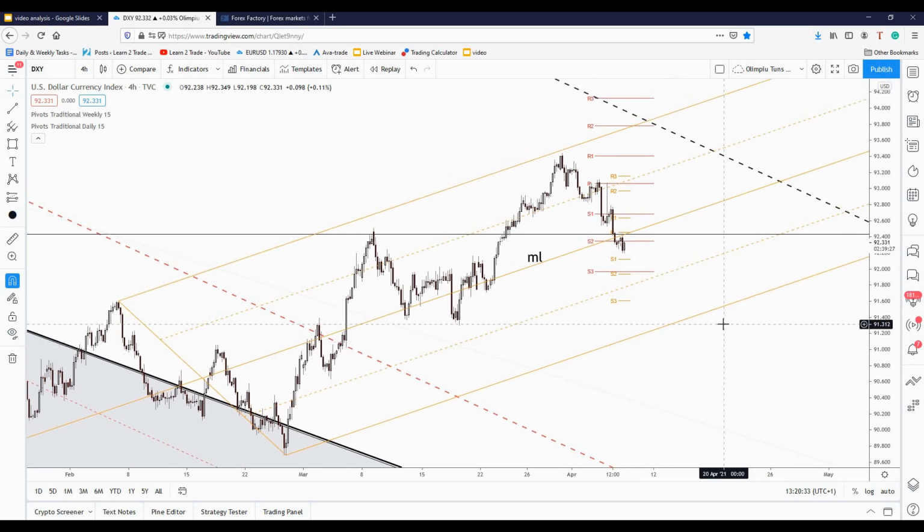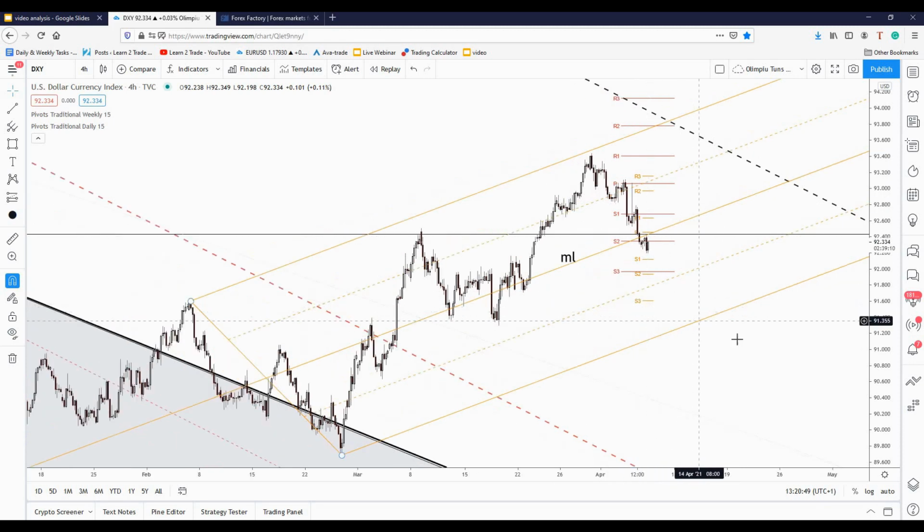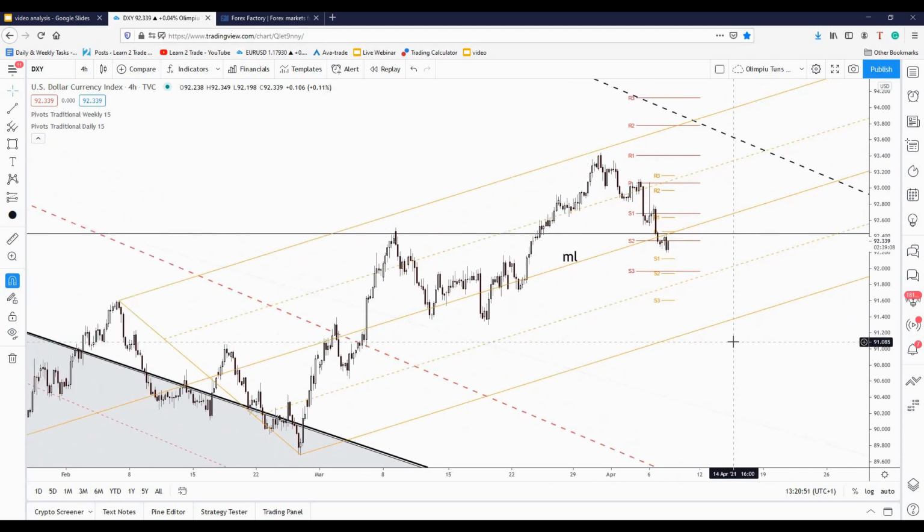So we have a strong negative correlation between the US dollar index and the euro versus the US dollar. Okay, so when the index drops, the pair euro versus the US dollar increases. So you can use this correlation in trading.